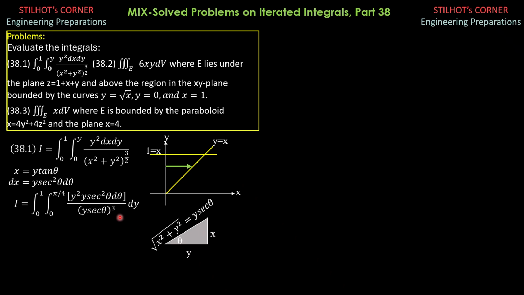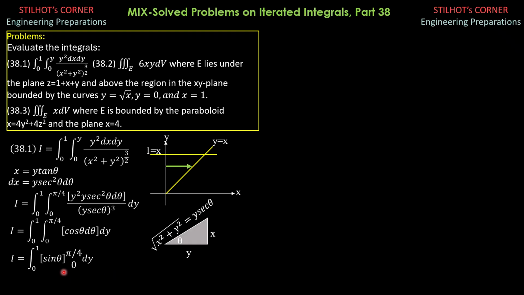So cubed, we can cancel y cubed, and we have secant squared theta over secant cubed theta, which is 1 over secant theta d theta. So that is cosine theta: the integral 0 to 1, 0 to pi over 4 of cosine theta d theta, then dy. The integral of cosine theta d theta is sine theta. So that would be the integral 0 to 1 of sine theta from 0 to pi over 4 dy.